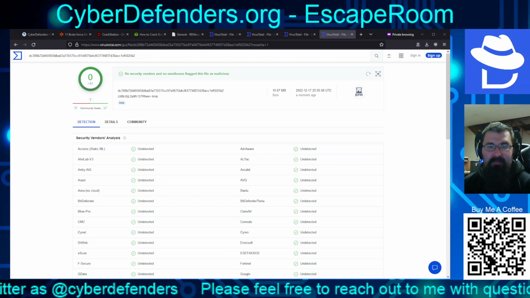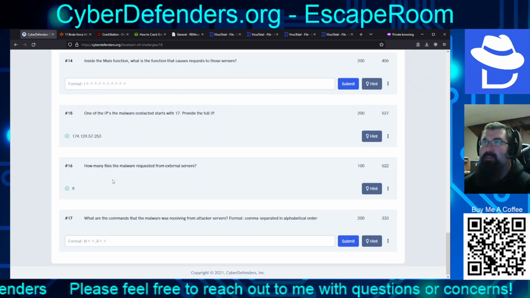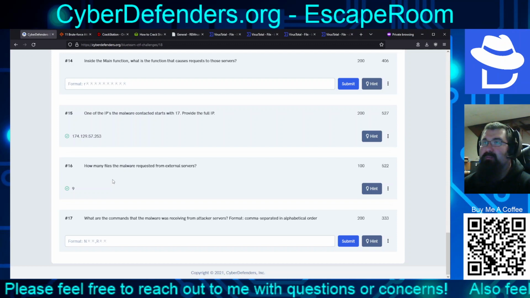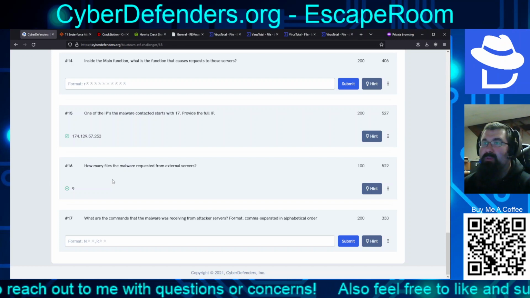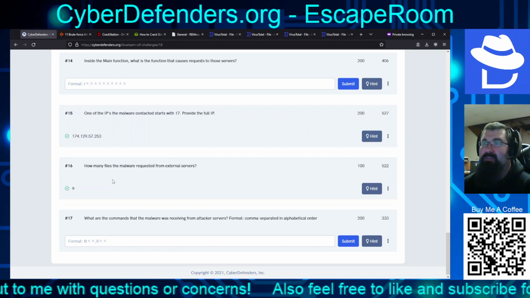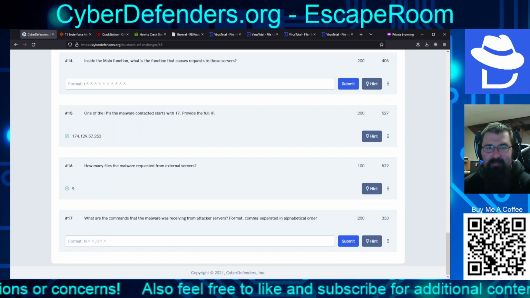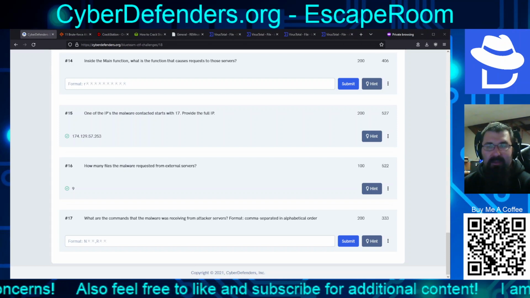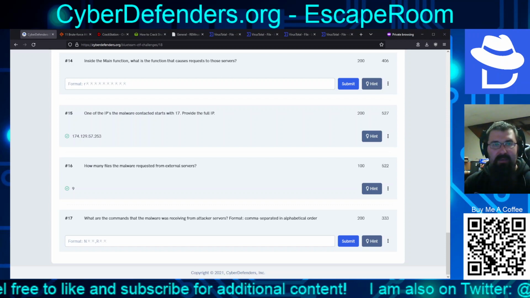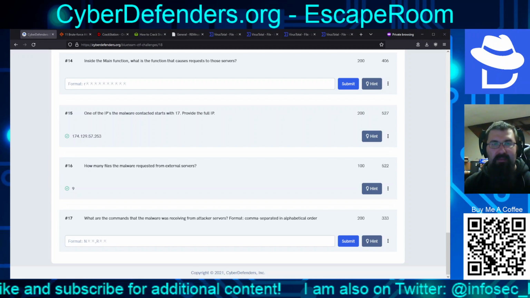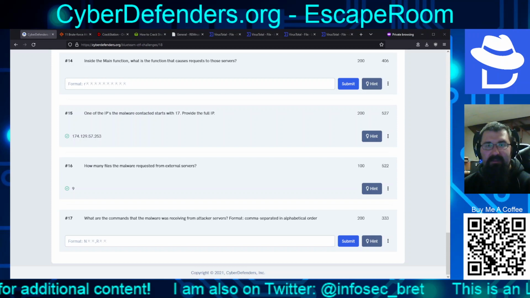Okay, so let's just take a quick refresher. We need to find out inside the main function what's the function that causes requests to servers, and then we're looking for the commands the malware was receiving from the attacking server. And now we get to the section which I am arguably the weakest at, trying to go through and actually do reverse engineering on these particular aspects.